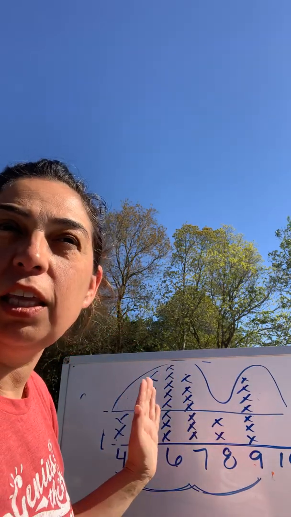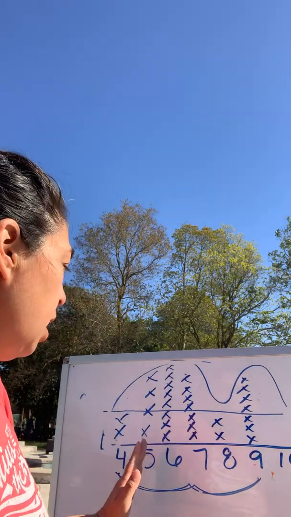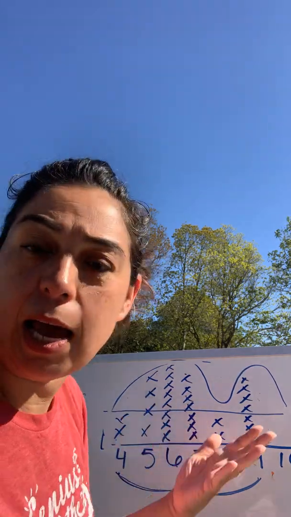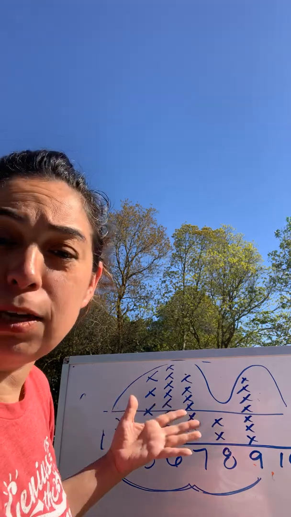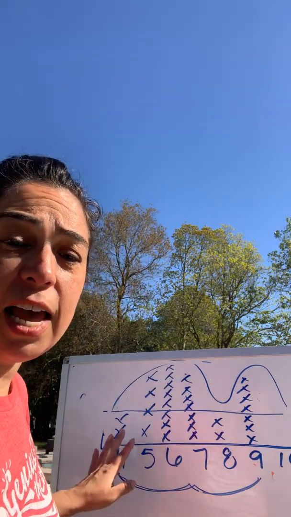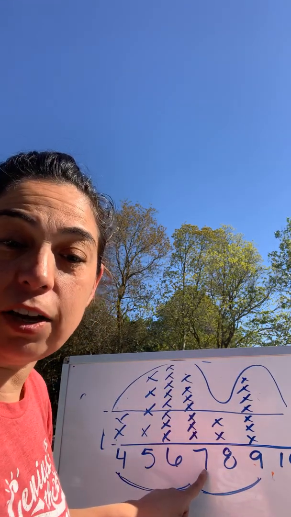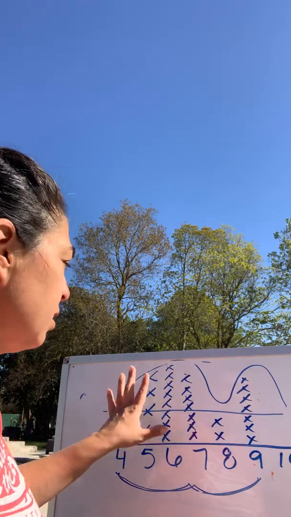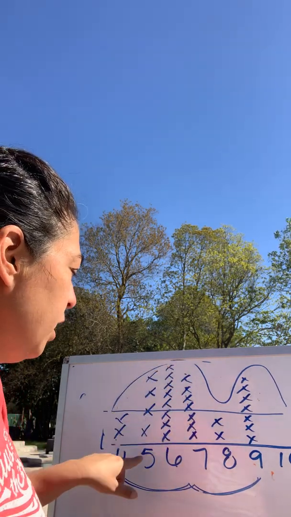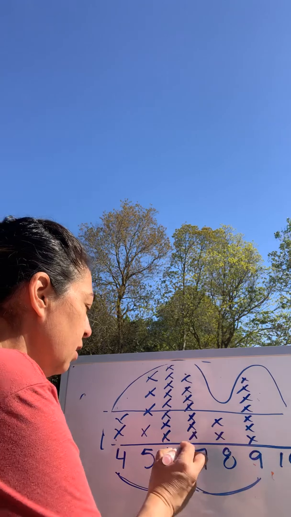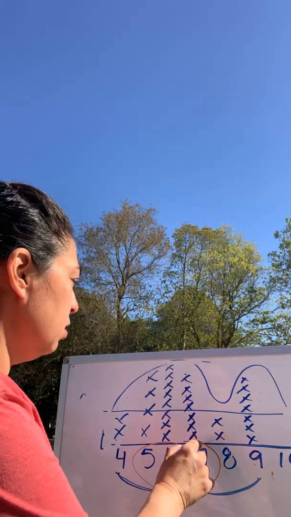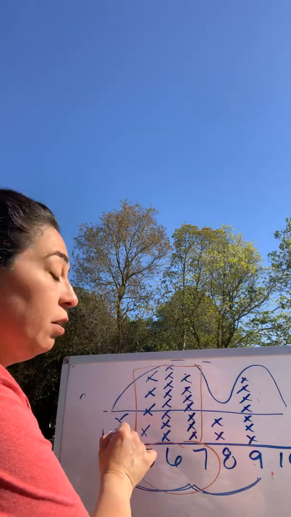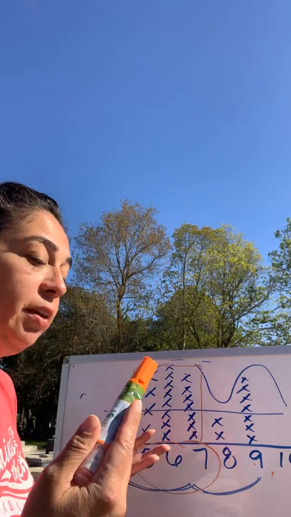Can you say they have about 5 to 7? Absolutely. The typical Chinese name in this Chinese class has about 5 to 7 letters because most of our X's are clustered right here between 5 and 6. Most of the 17 students are right in here. So that is one thing that we can say.